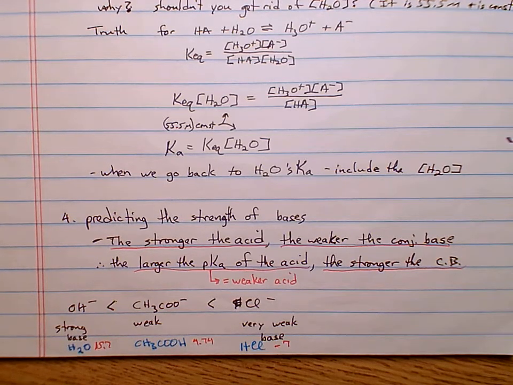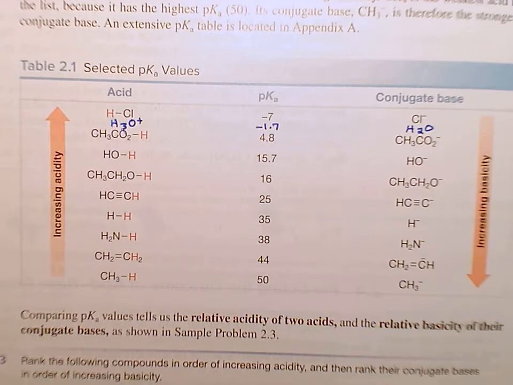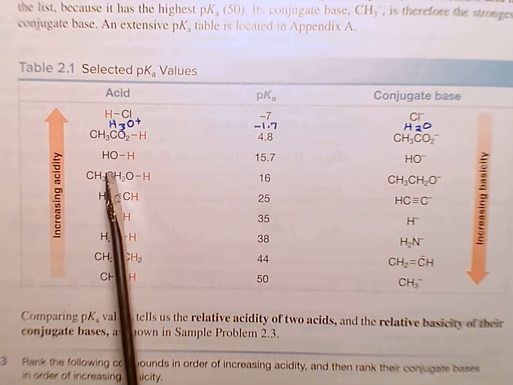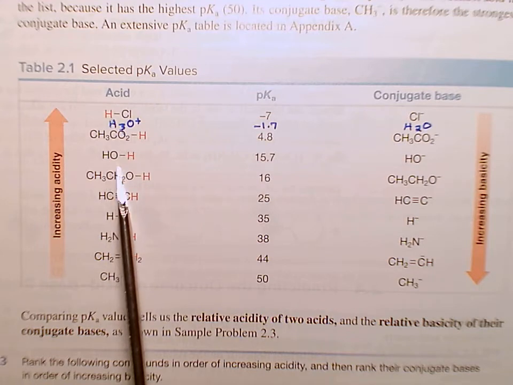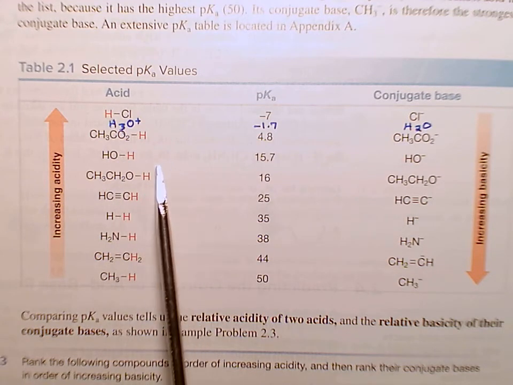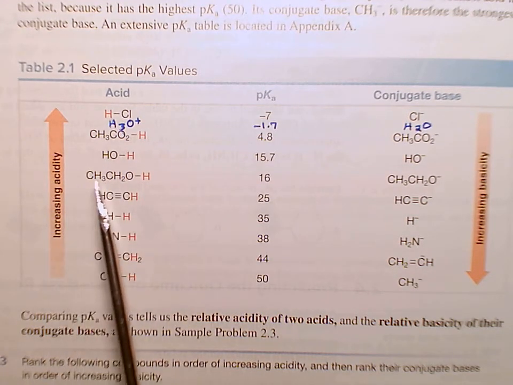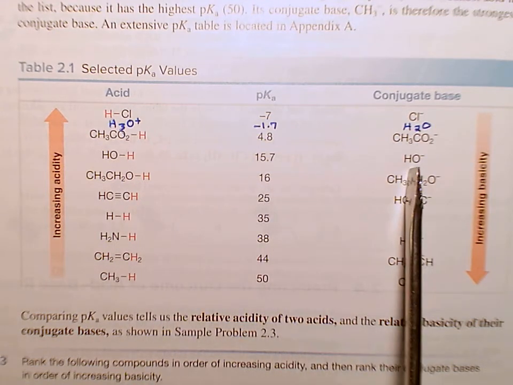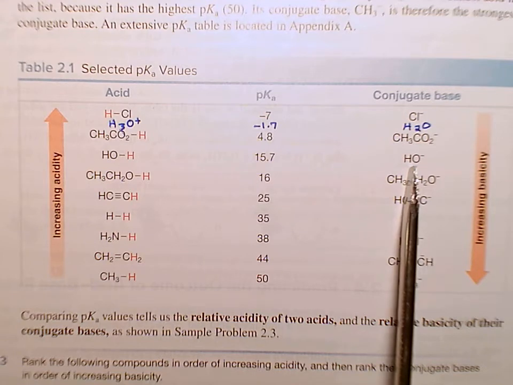If we go back to our table in the book, at table 2.1, what we see is here are our acids, and note we noted that H2O, here's water, is a very weak acid, but it's towards the top in terms of increasing acidity. pKa 15.7, we know the conjugate base, hydroxide, is a strong base.